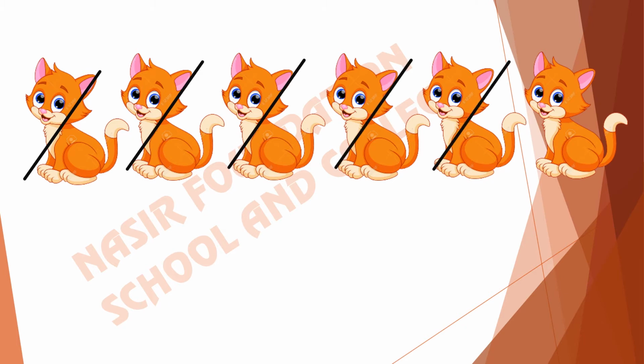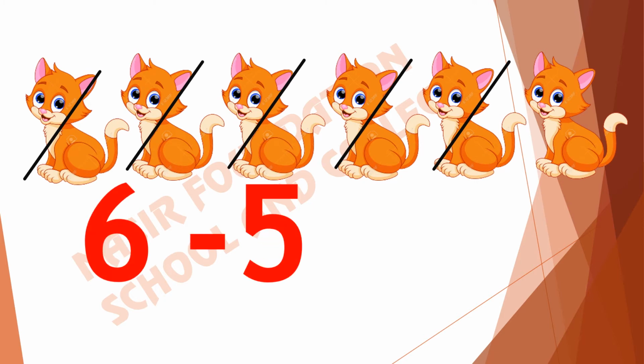We are subtracting 5 cats out of 6 cats. How many cats are left now? 1. We are left with 1 cat. It means if we subtract 5 from 6, we get 1.